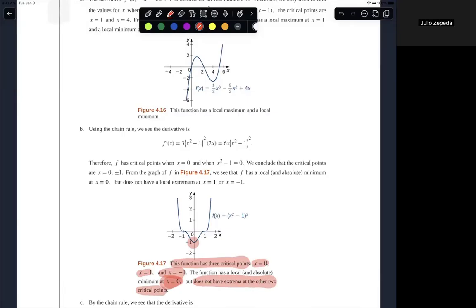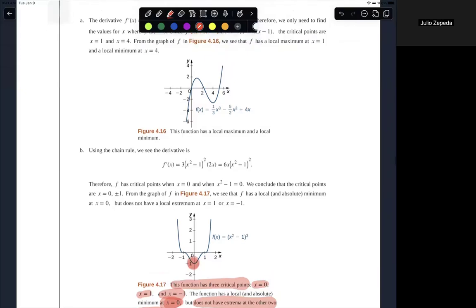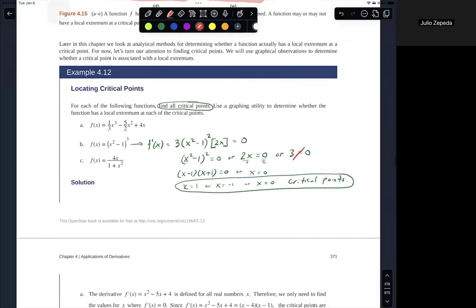Interesting, only one out of the three was a local max or minimum, and the other two were critical points, but didn't end up producing any local extrema. Okay, cool.